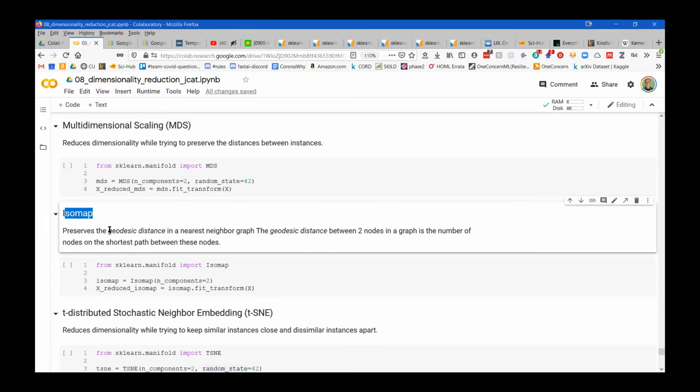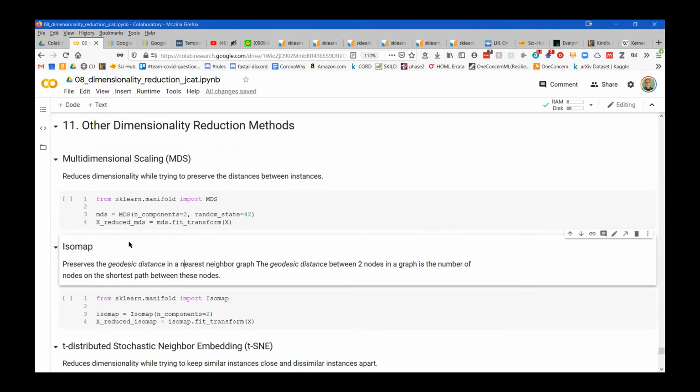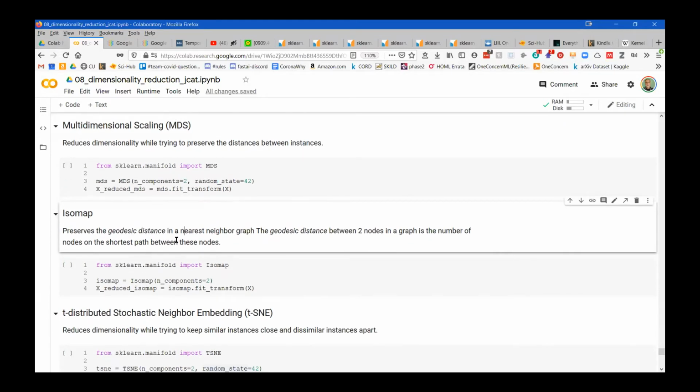And the goal of the isomap technique is to preserve the geodesic distance in the nearest neighbor graph. The geodesic distance between two nodes in a graph is the number of nodes on the shortest path between those two nodes. So that's a different kind of optimization, but it's also trying to reduce the dimensionality while preserving important information.